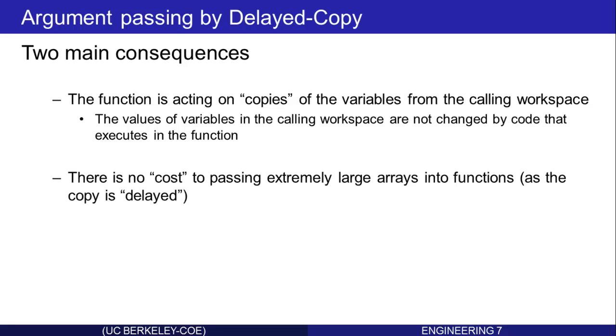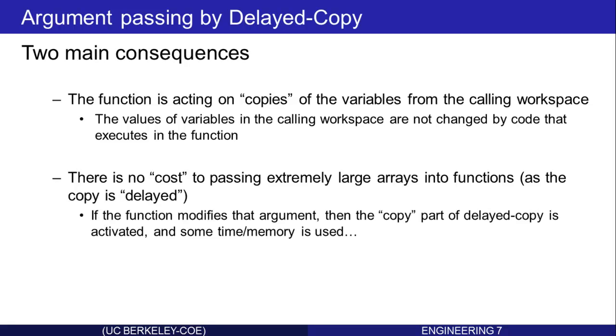However, there is no cost to passing extremely large arrays into functions because the copy is really a delayed copy. No copy is made until the function actually modifies that argument. At that point, the expensive copy aspect is activated and some time and memory will be used.